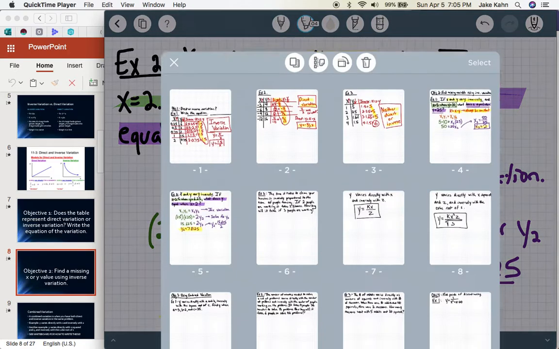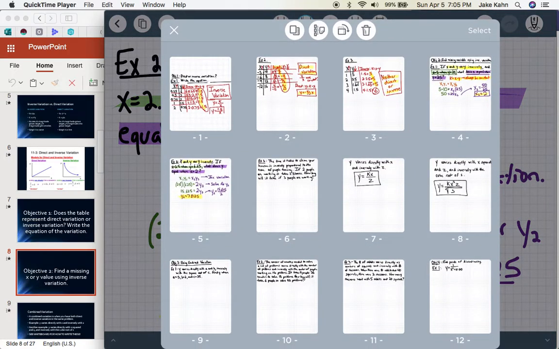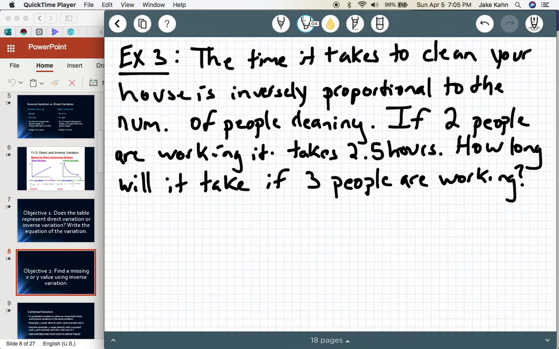I believe I have one more for you here, and it's a word problem, all right? Thankfully, word problems work exactly the same with this stuff. It's just putting it in a real-world context. So example 3, it says the time it takes to clean your house is inversely proportional, which means the same thing as an inverse variation, to the number of people cleaning. If 2 people are working, it takes 2.5 hours.